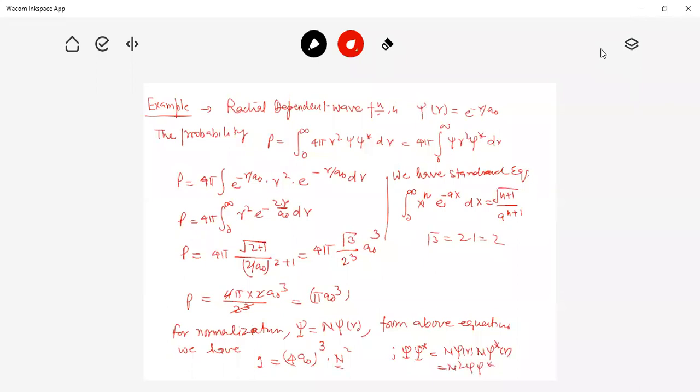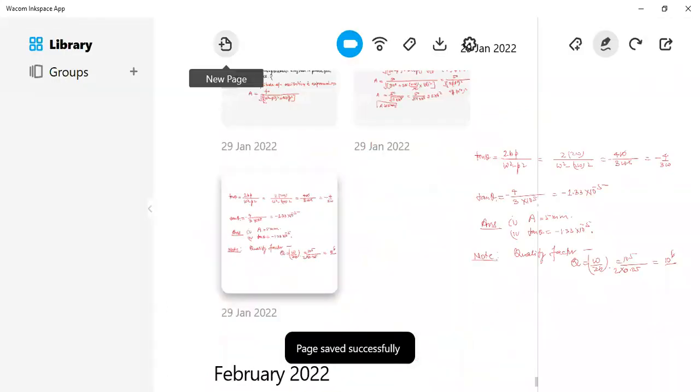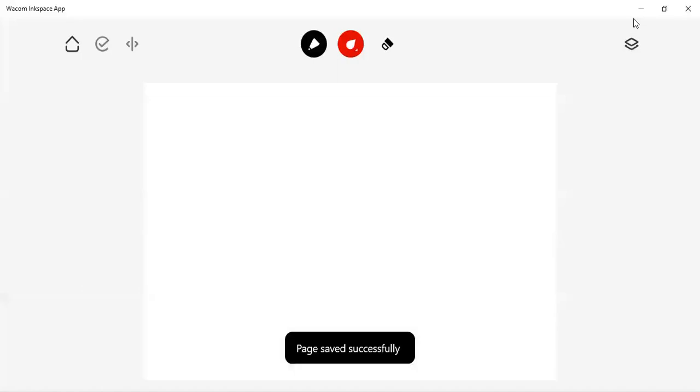So from this N we have this value is 1 upon (pi a0^3)^(1/2). And this is the normalization constant that we are using in expressing the function in the form of r, theta, phi.